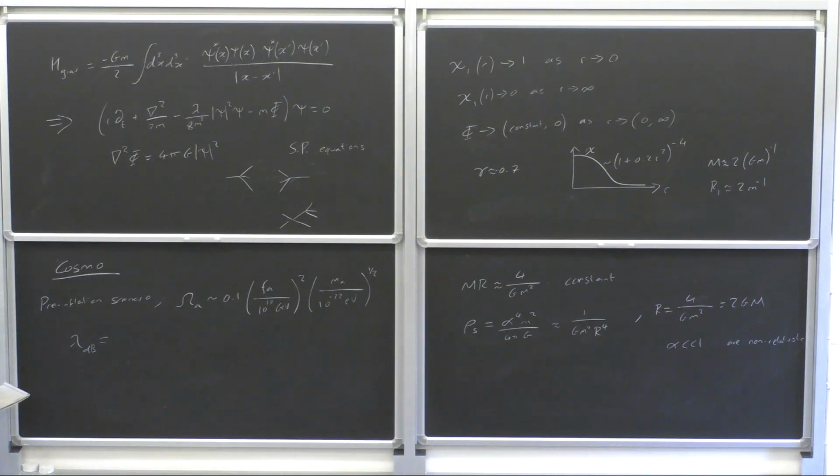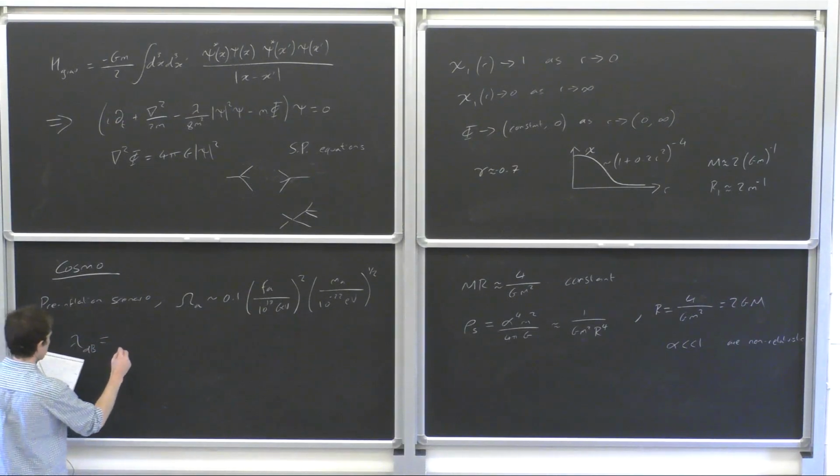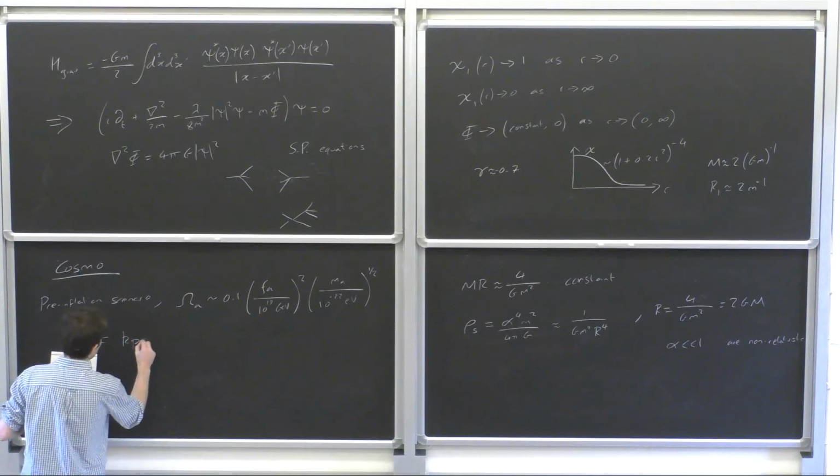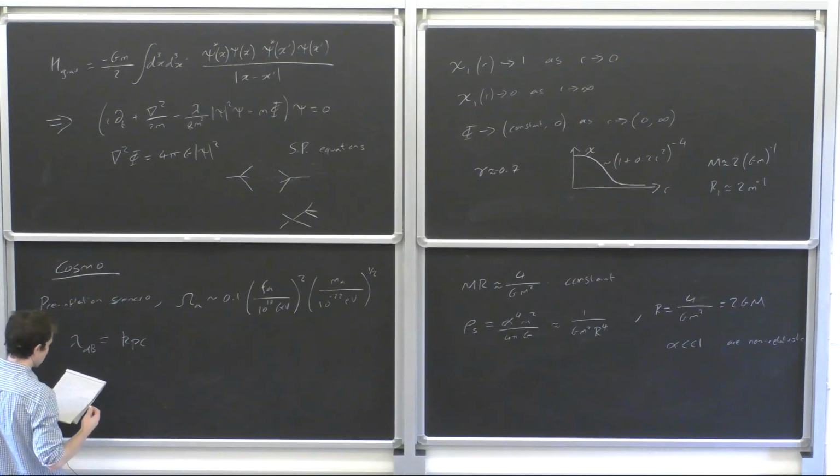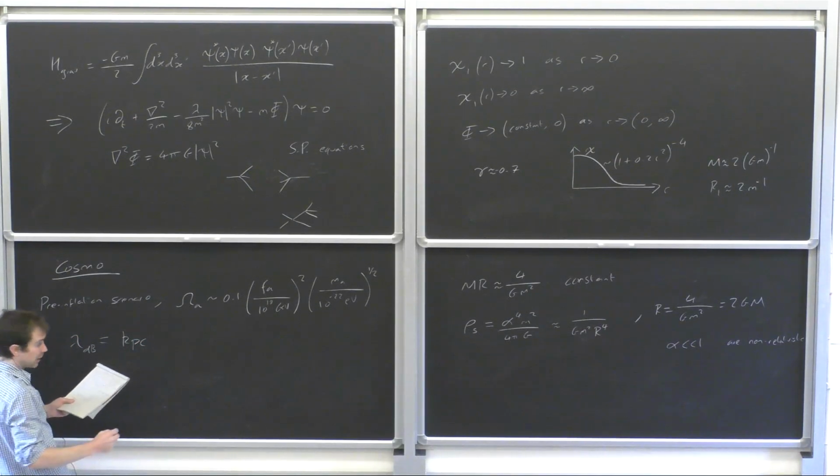Then the corresponding de Broglie wavelength of such axions is enormous, at least for these kind of normalization values. So it turns out to be kiloparsecs.